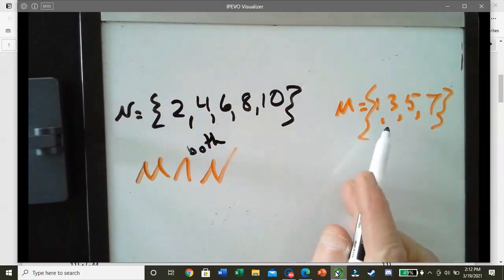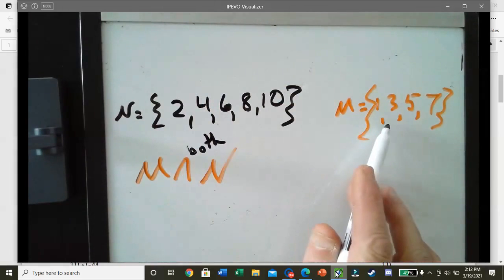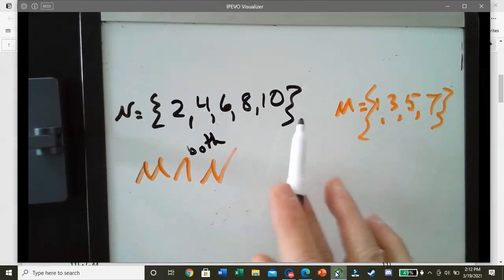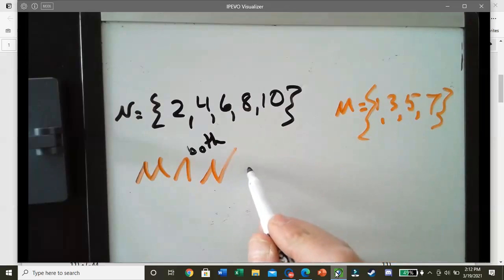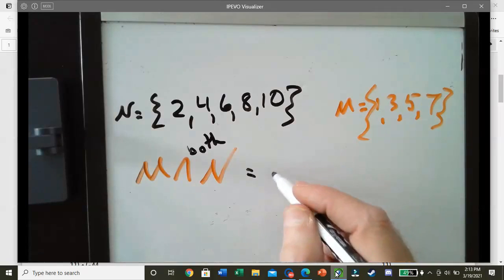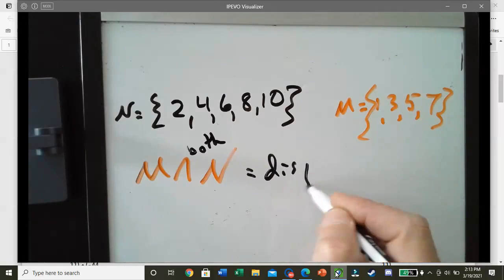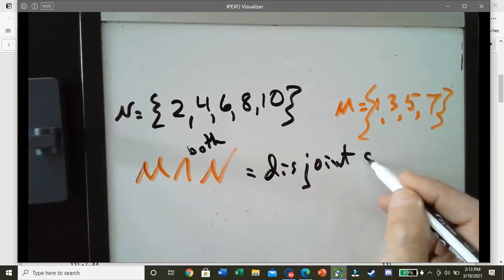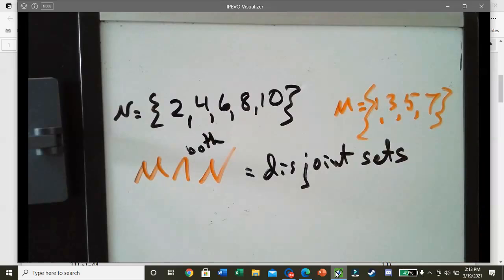So what's in both? 2 is not, 1 is not, 3 is not. No. Since there's nothing in common, this would be disjoint sets. Nothing is in common with either one, so there is no intersection. You could also say the intersection is an empty set. Okay?